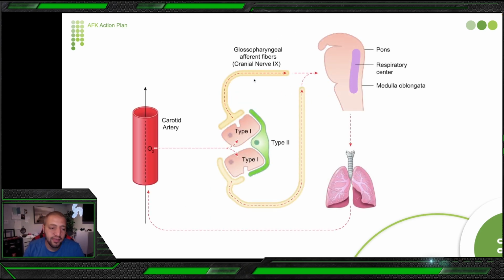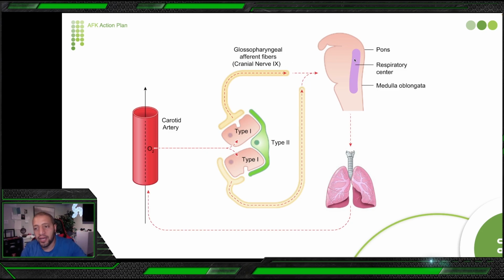So what happens in this? The carotid artery has receptors. These receptors are connected to our brain, and these are the peripheral ones in the carotid artery. They detect the level of oxygen and carbon dioxide inside your bloodstream, and when there is an imbalance, they send signals to your central nervous system through glossopharyngeal afferent fibers, cranial nerve number 9. This is the information you should know.